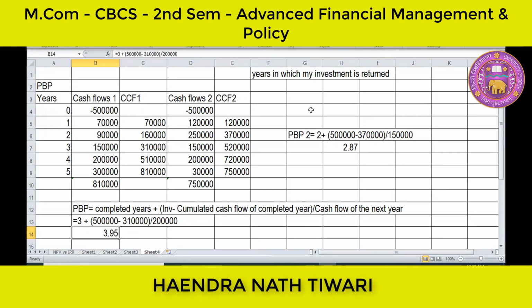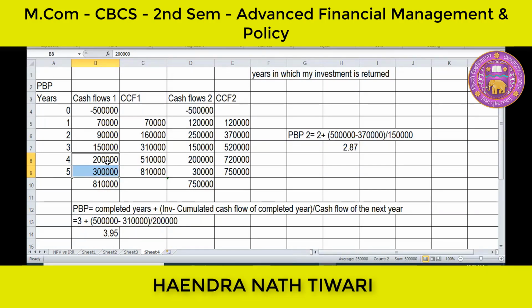For instance, post payback period, that is 2.87 years, this project is having very less cash flow, while this project is having very huge cash flow. But we are not giving any weight to that.